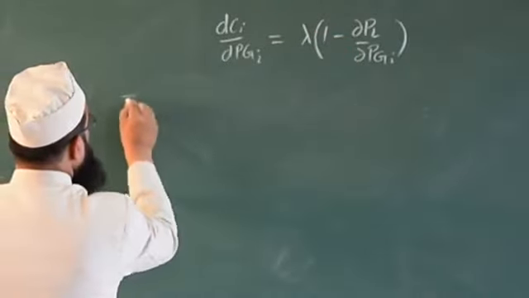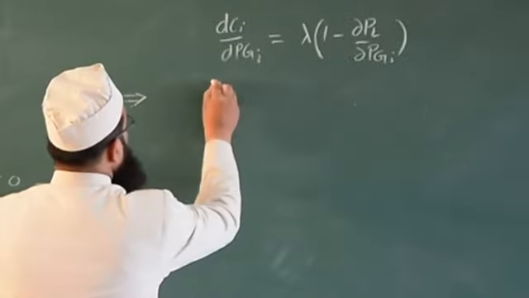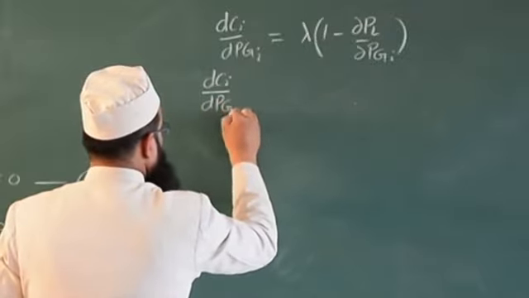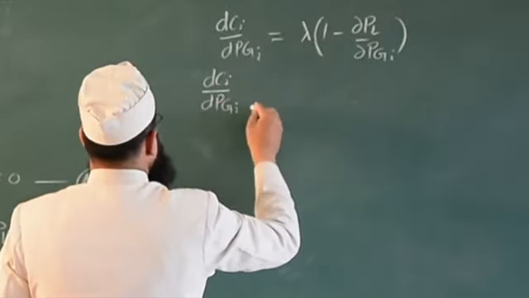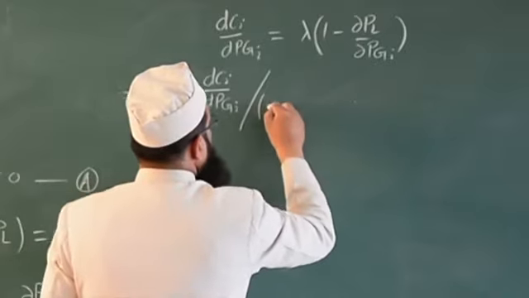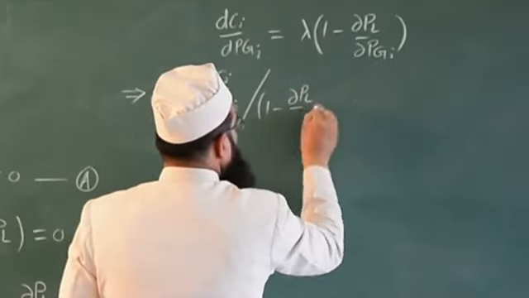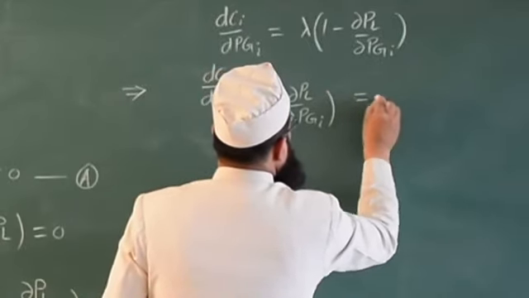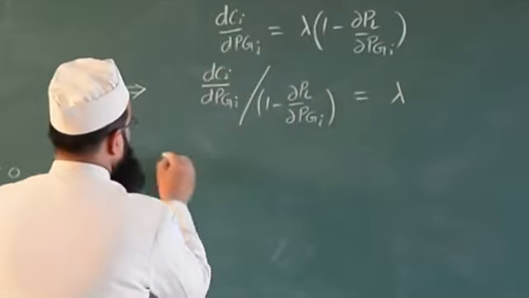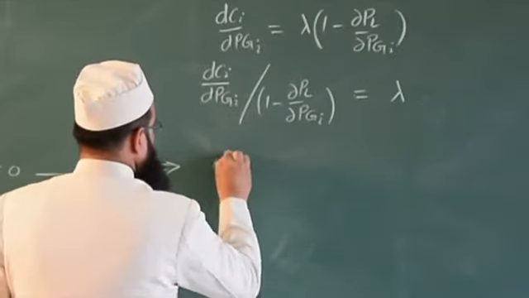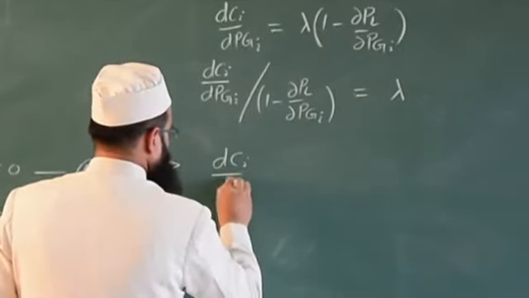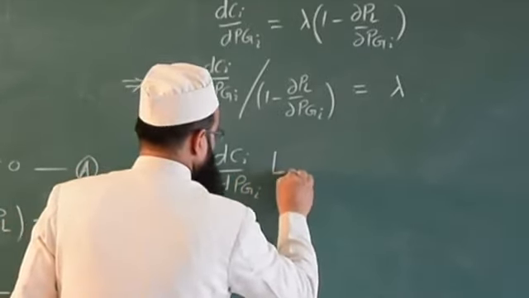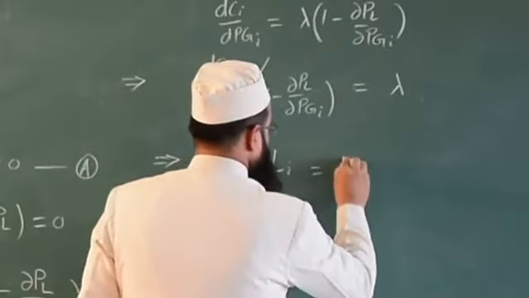Or this can further be written as dCi upon dPGi, upon 1 minus del PL upon del PGi, is equal to lambda. Or dCi upon dPGi times Li is equal to lambda.